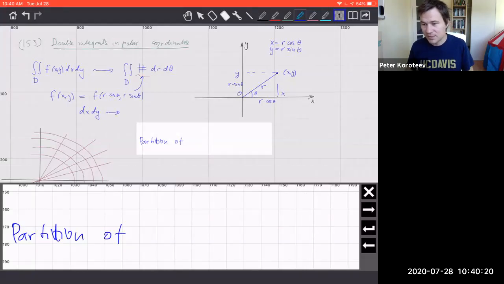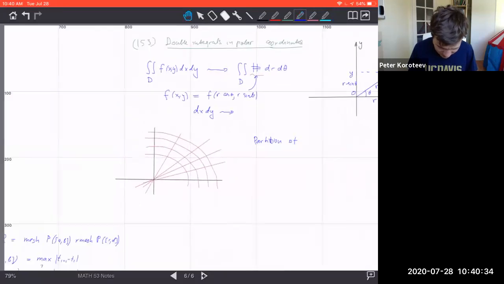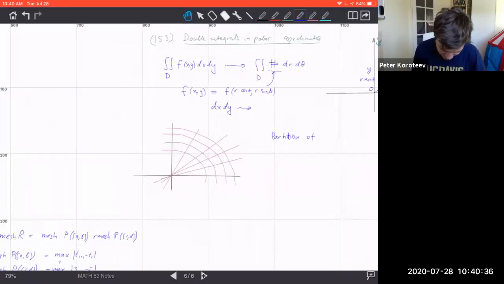Actually, perhaps I should add that to the previous list of properties. If you're integrating over something that has zero area, then the answer is zero. At the bottom of the page, I'm going to write it here.